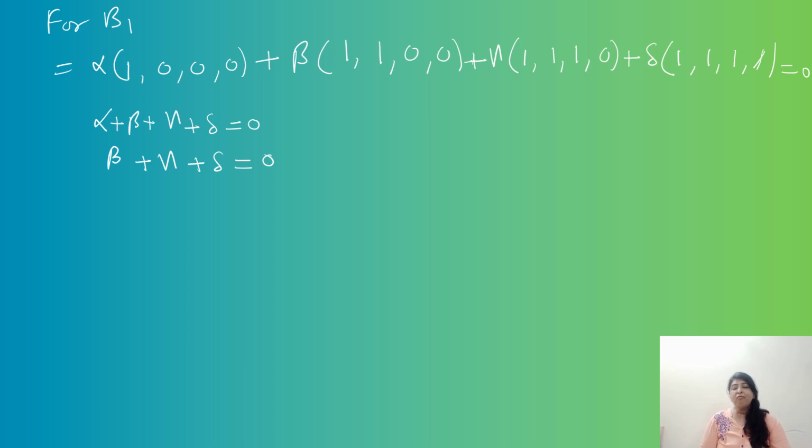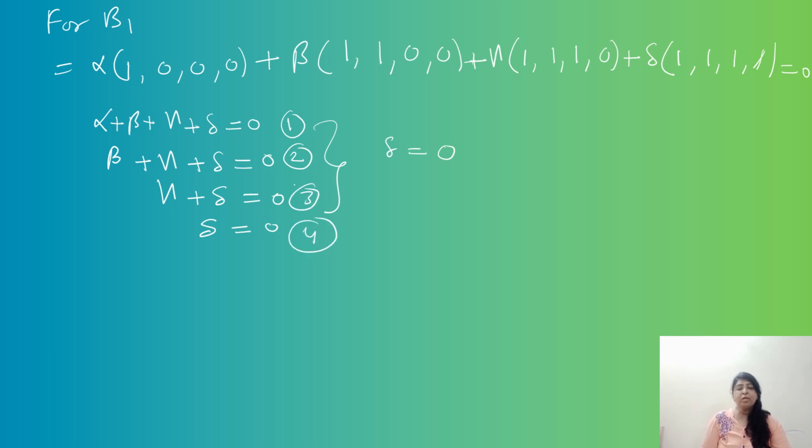Another equation is alpha into 0, beta into 0, equal to 0, gamma into 1, so you will get gamma plus delta equal to 0. Another is delta equal to 0. So what we are getting from all these is delta is equal to 0. Put delta equal to 0 in the equations. From the third, gamma is equal to 0.